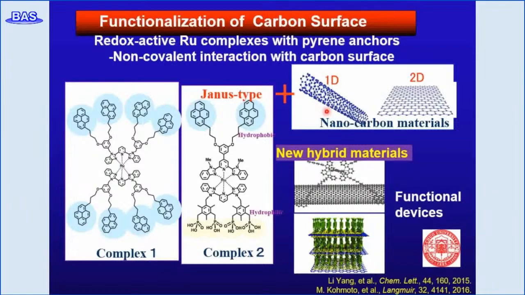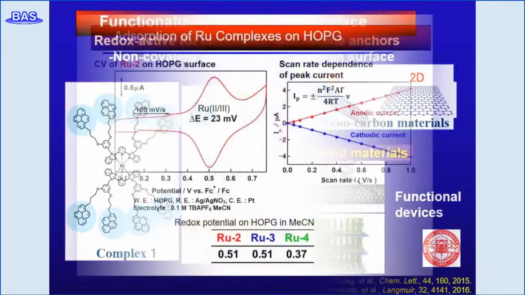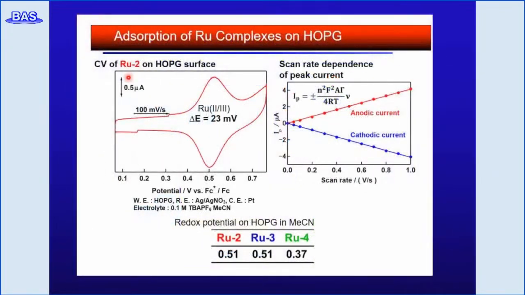Here are the examples of complex 1 and complex 2, which have the pyrene group on the peripheral group, and sometimes we can synthesize pyrene and phosphonate as the hybrid type complex. Here's one example of the ruthenium complex with 4 pyrene groups.